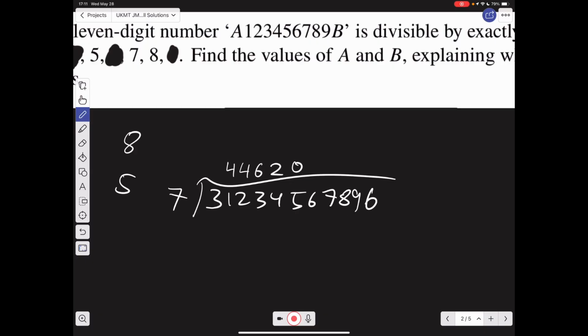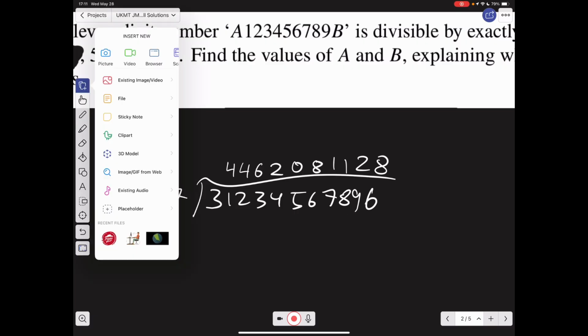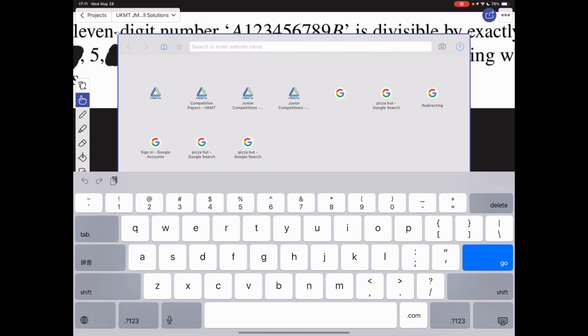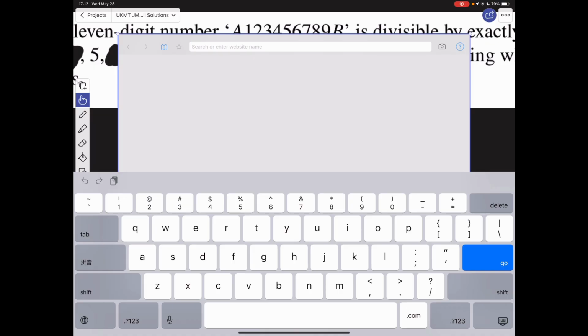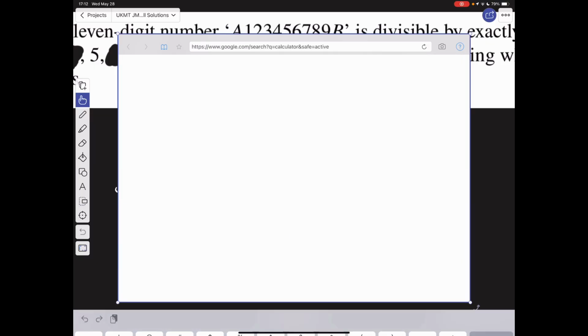Then I think it's like that. Yeah, okay, so it actually does go in. And if you don't believe me, you can get a calculator. I'm going to go to the browser and search calculator.